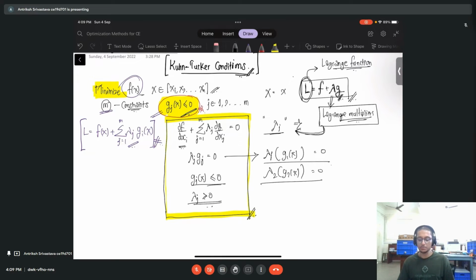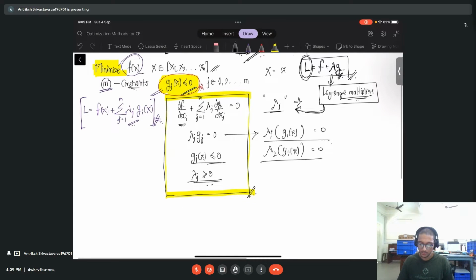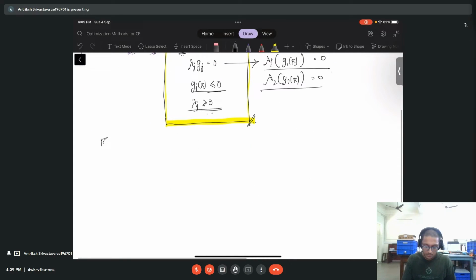Okay, and one important thing. If you remember this, then it is very easy to remember what the conditions will be when we have the same function, minimization of f(x), when the inequality constraints are greater than or equal to 0.